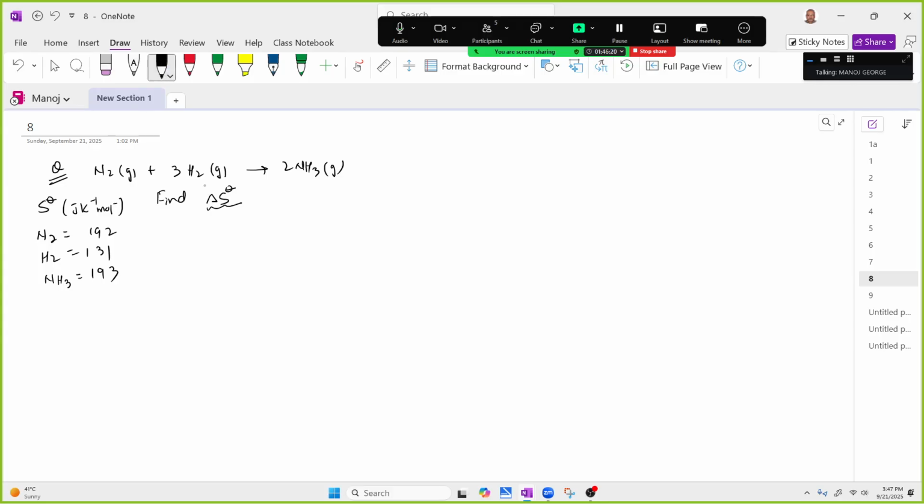Find entropy change. But you know that the entropy change equals the sum of entropy of products minus the sum of entropy of reactants. Sum of means add up everything, total everything.